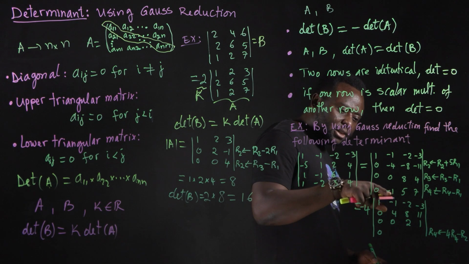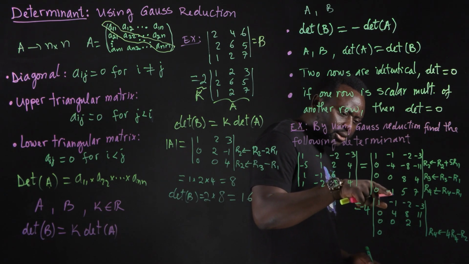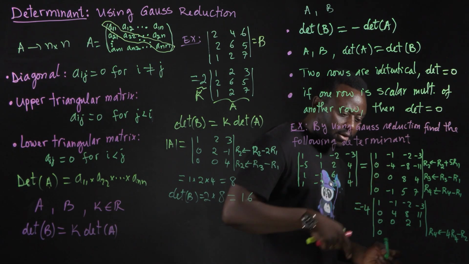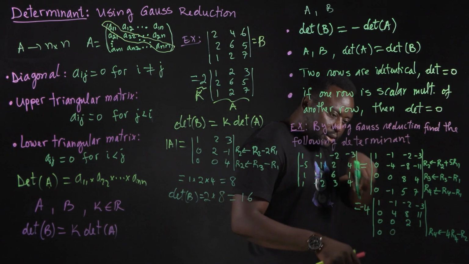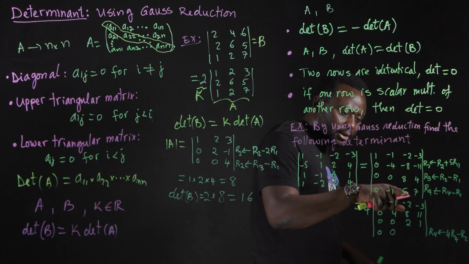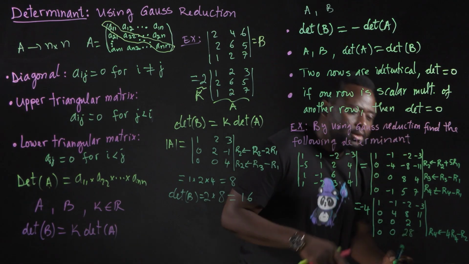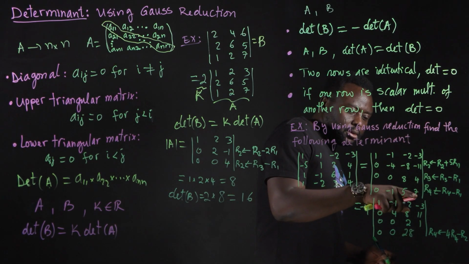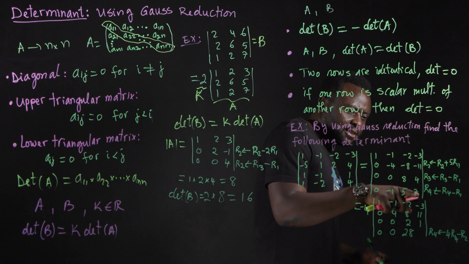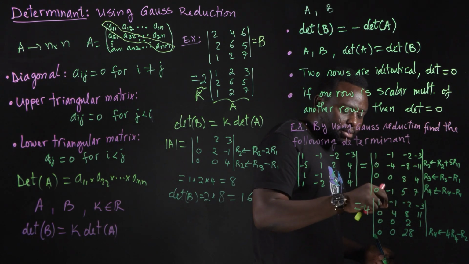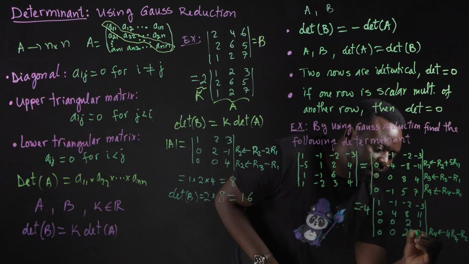If I multiply this guy by 4, this becomes minus 4. Minus 4 gives us 0. If you multiply this one by 4, this is 20. Minus 8, this will be 28. And if I multiply this by 4, this is 28 minus 11, so 28 plus 11 is 39.